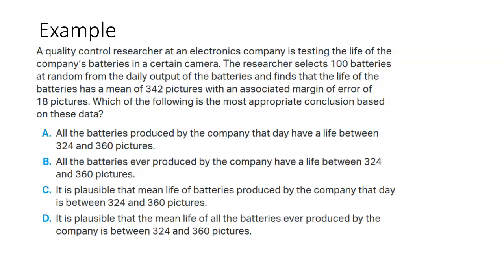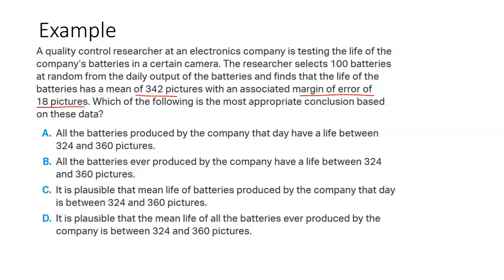The researchers select 100 batteries at random from the daily output of the batteries and find the life of the battery has a mean of 342 pictures with an associated margin of error of 18. Okay? So what that means is on that particular day, those 100 batteries had an average of 342.